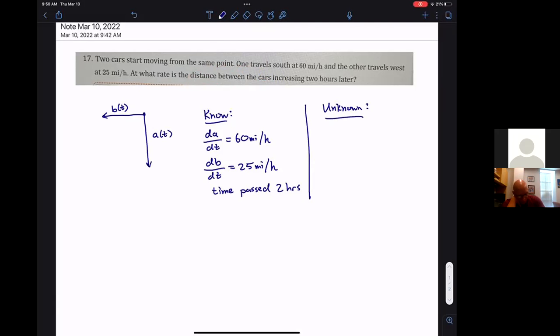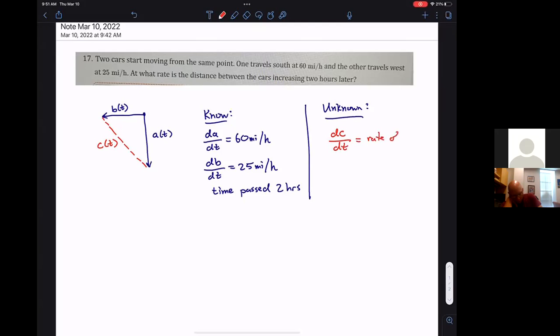So in my picture, I feel obligated to connect these two points. This distance I can call C, and I'm noticing it's a triangle. I want to know the rate at which the distance between the cars is increasing 2 hours later. So my unknown is the rate of change of C, dC/dt.